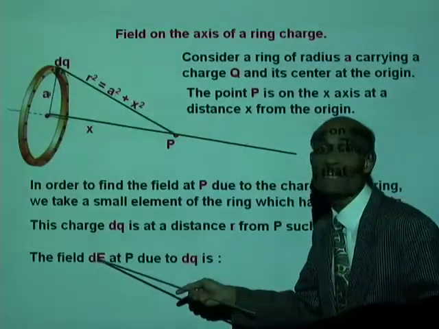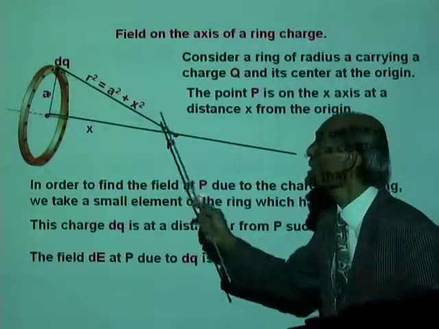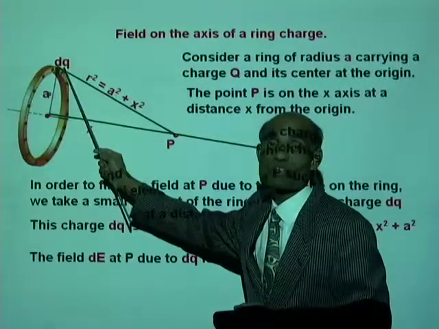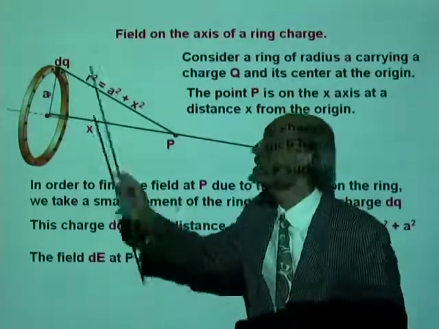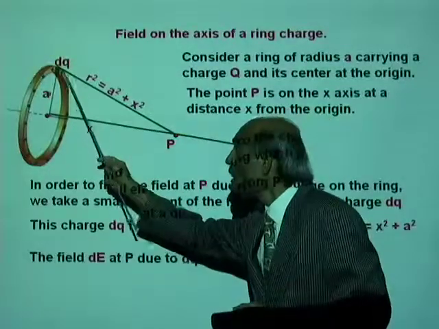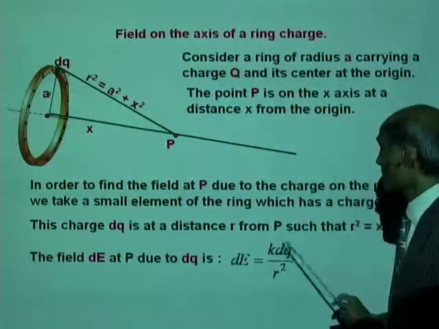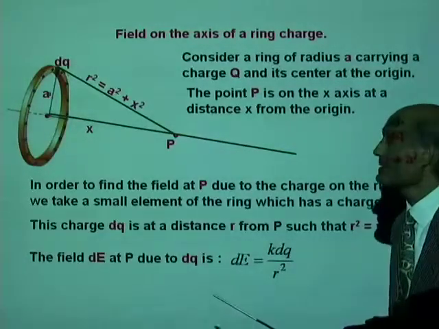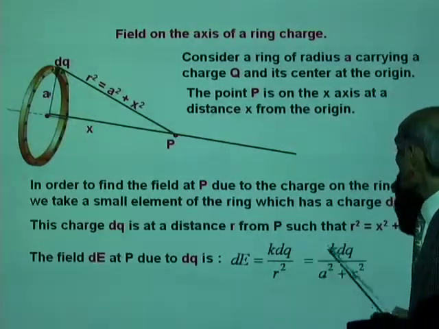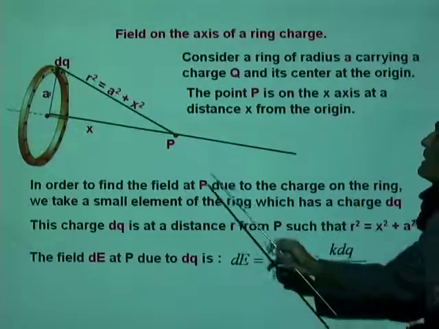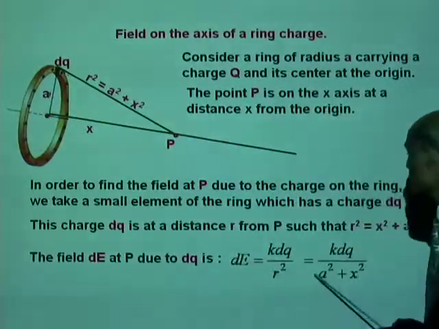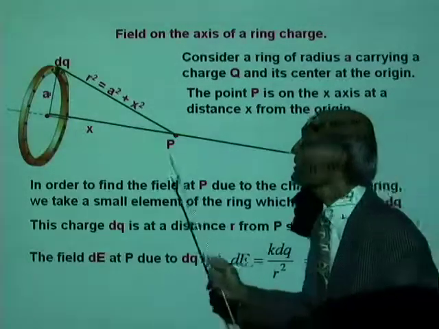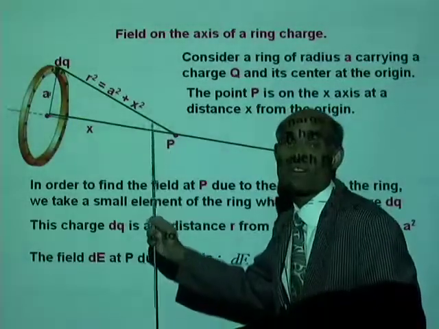Therefore, the field dE at P due to this charge dq will be, what's the equation? Will be k dq over r squared. That's right. k dq over r squared, and that will be k dq over (a squared plus x squared).